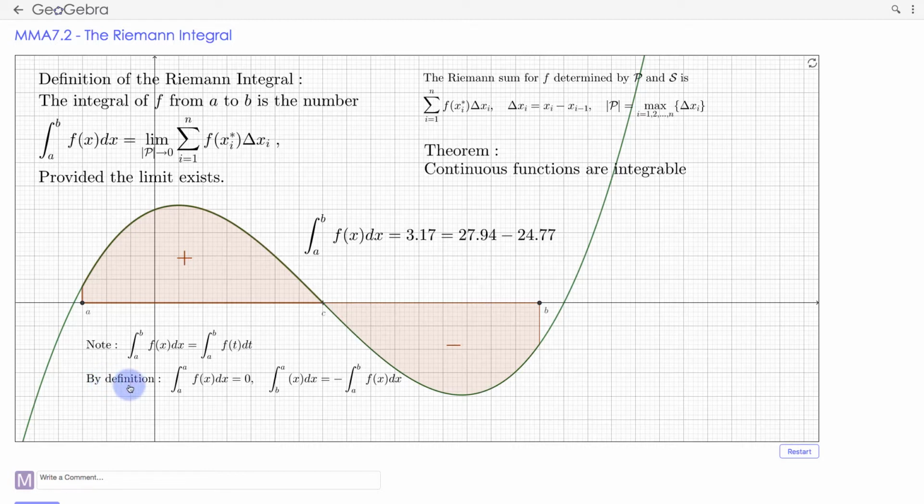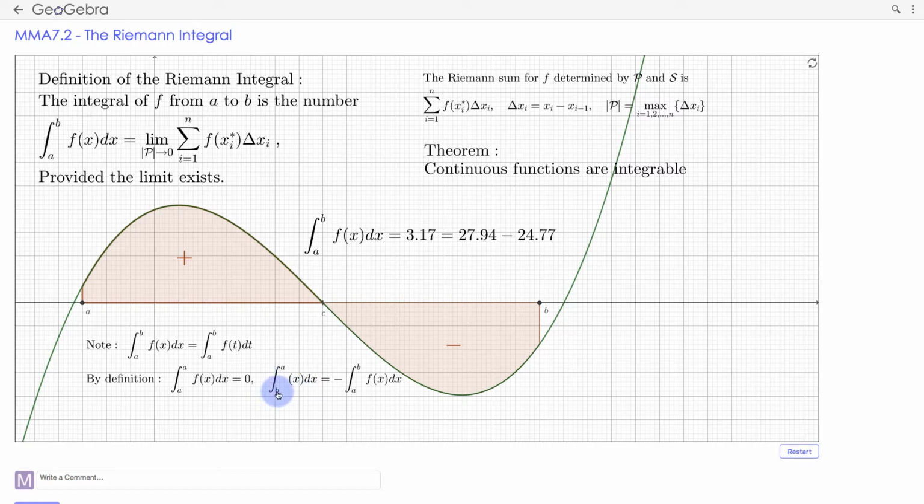So by definition, we put the integral from a to a, so the integral over an interval of length 0, equal to 0. That makes sense, I hope. It doesn't have any non-zero value.